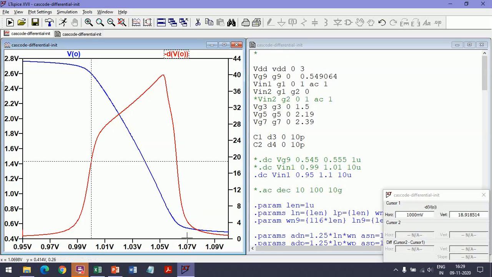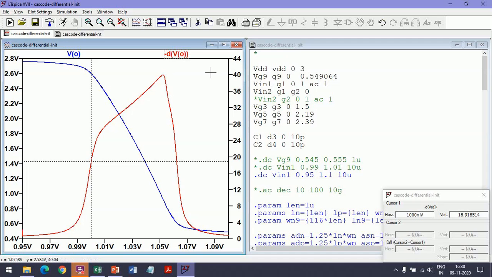Why is this important? Because when we use this op amp in an actual application, the common mode input would vary. It won't be fixed exactly at 1 volt. It can be 1, 2, 1.5, whatever. Therefore, we have to find the full range of common mode gain and make sure that at any common mode input, the gain is less than 17.